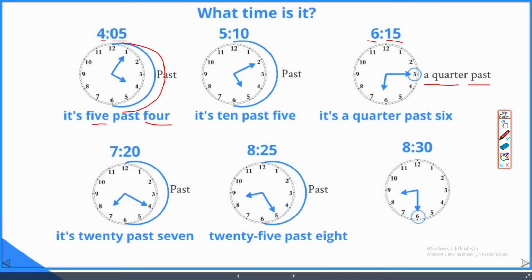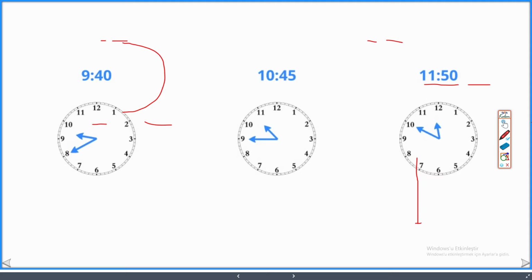Yes, very well. And it is on the half, and as you see, the minute is on the half. Okay, and it is 8:30 and it is half past 8. Half past 8. Okay, and we are going on, guys.